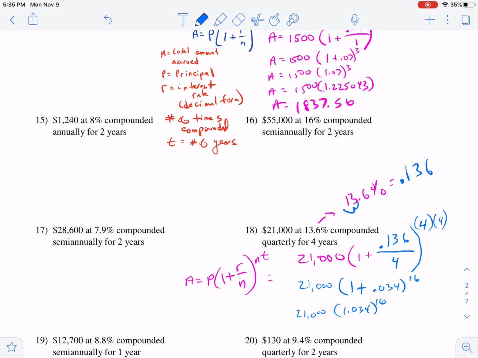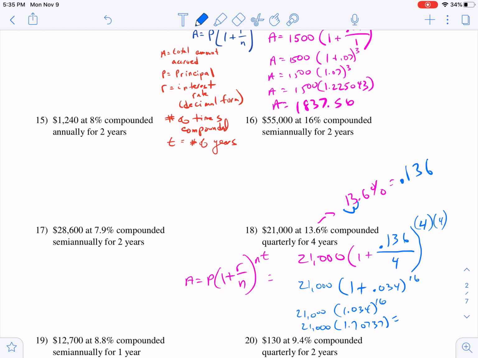I'm going to turn my phone to the side, press the x to the y power button, which is right under the M plus, type in the number 16, hit return, and I get 1.70737 and so on. I'm going to multiply this number by 21,000.